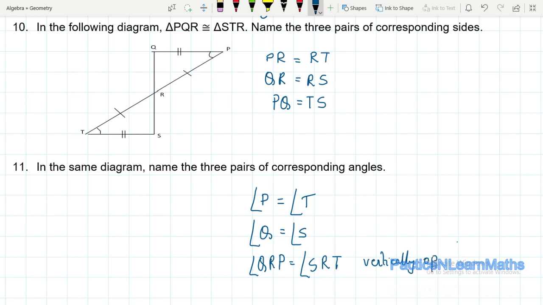They are vertically opposite angles, so they are equal.